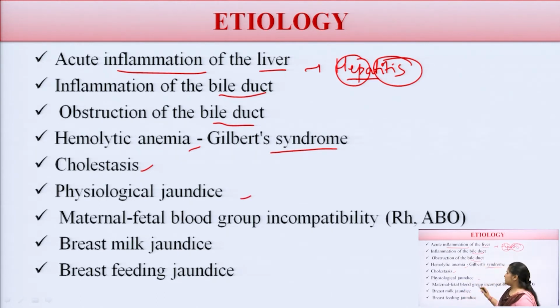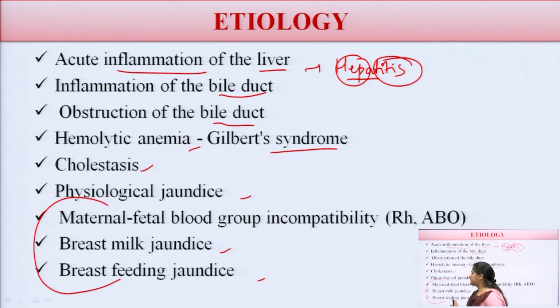Now physiological jaundice, maternal fetal blood group incompatibility, breast milk jaundice, and breastfeeding jaundice. These are the jaundice types related with children, with infants.